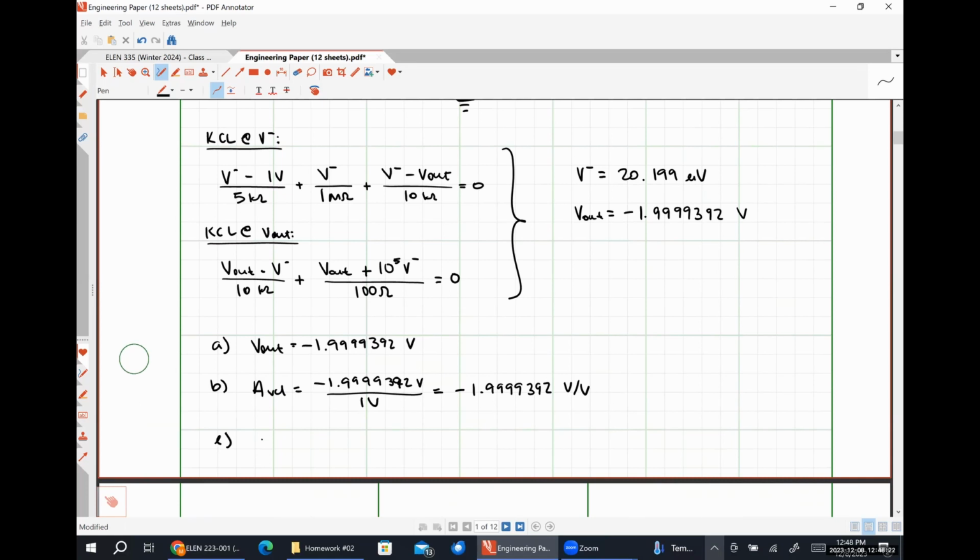For part E, we know that our differential voltage VD is just negative V minus, so that's going to come out to be negative 20.199 microvolts. So we've got 3 things from the jump.